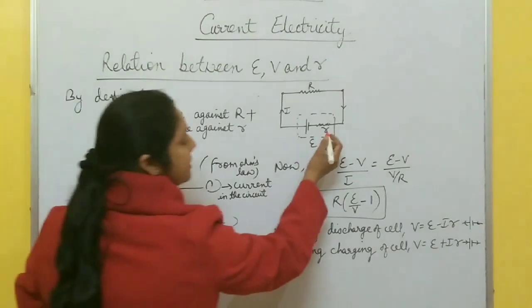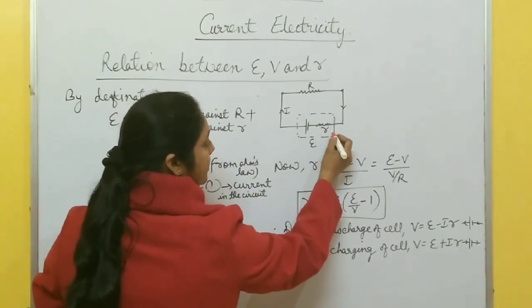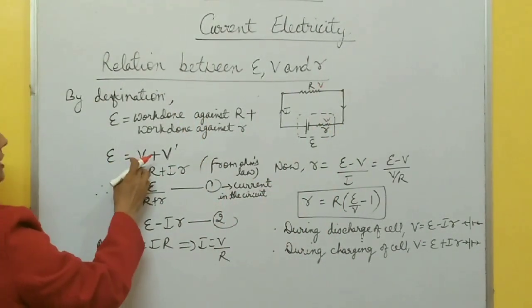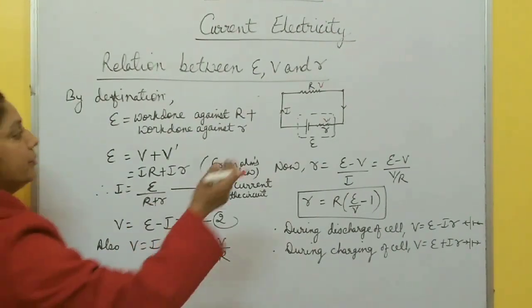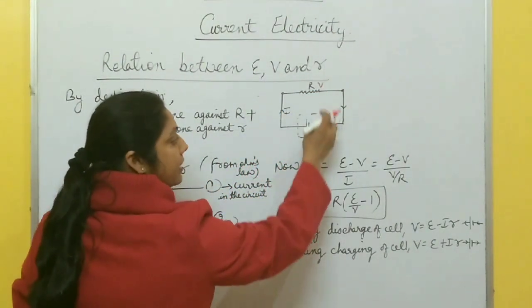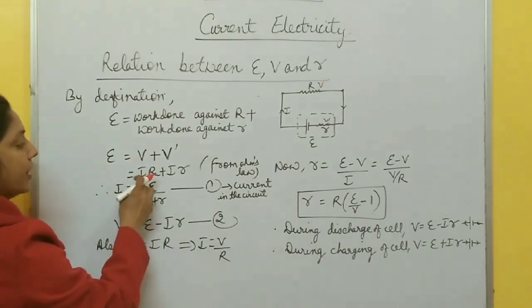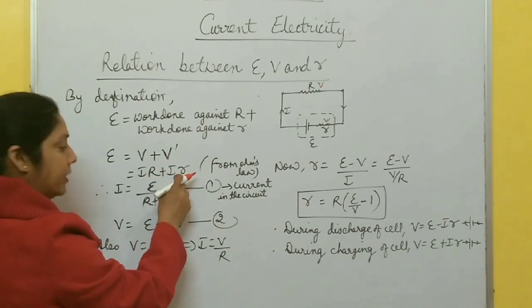Plus V dash. V dash is work done against the internal resistance, small r. So EMF of the cell is V plus V dash in taking a unit charge through external resistance R and internal resistance small r. So from Ohm's law, V is I into R, and V dash is I into small r, right?